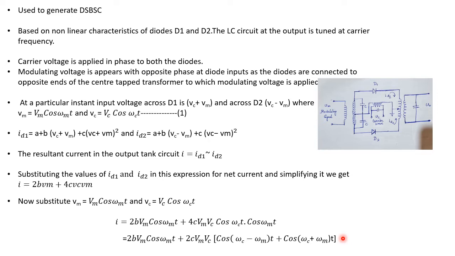Since the resonant frequency of the tuned circuit is omega c, and omega c minus omega m and omega c plus omega m do not differ too much from the carrier frequency omega c, which is also the resonant frequency, these two frequencies will be passed through the resonant circuit or tank circuit, and at the output we will get the two sidebands, lower sideband and upper sideband.